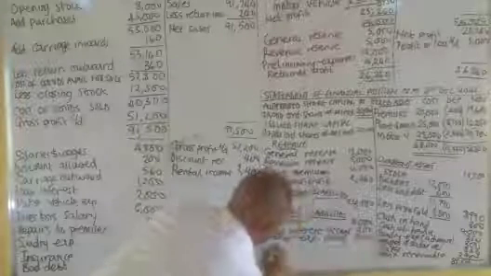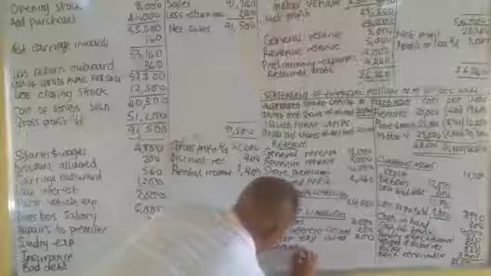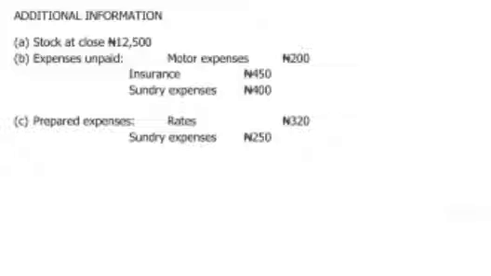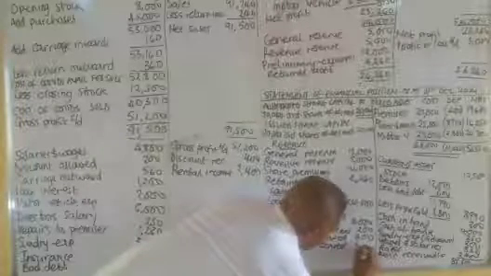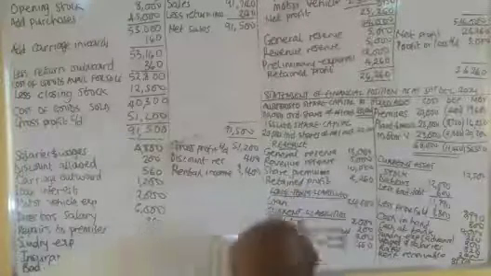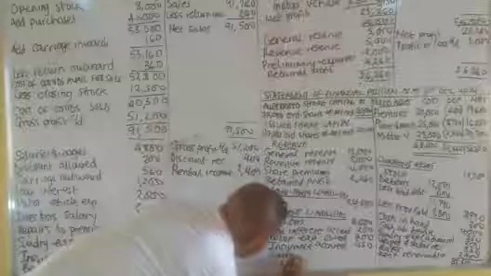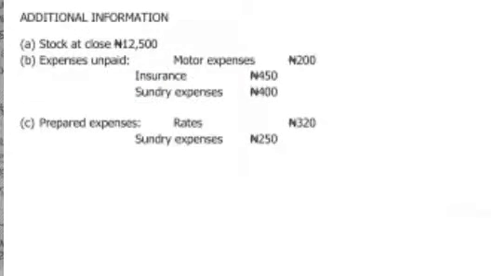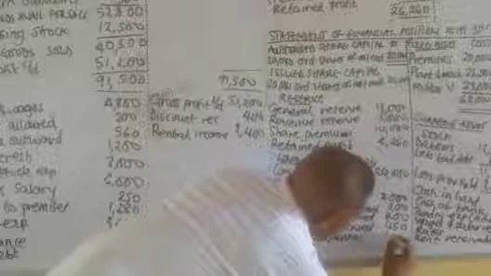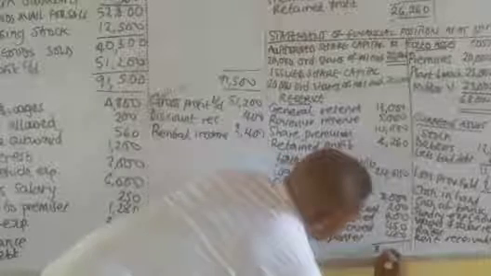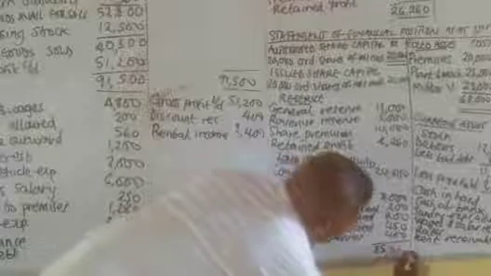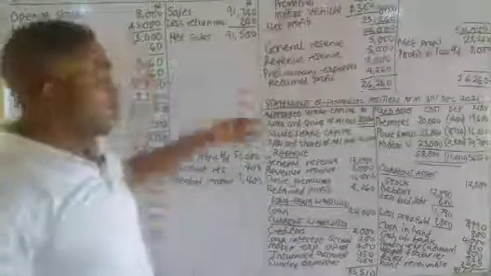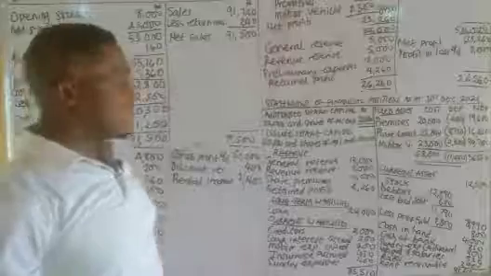Another one is the insurance accrued. All these appeared under the additional information. Insurance accrued is 450, and sundry expenses, 400. So when you add everything, it is giving you 85,510. So it also balanced automatically.